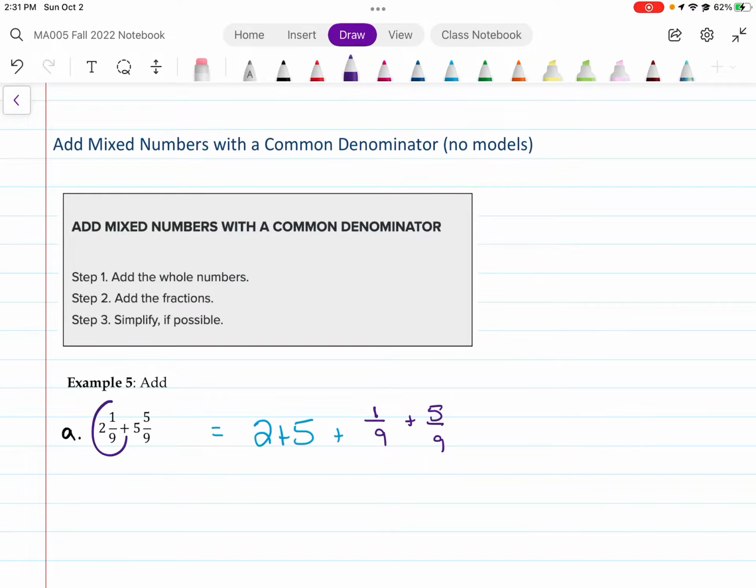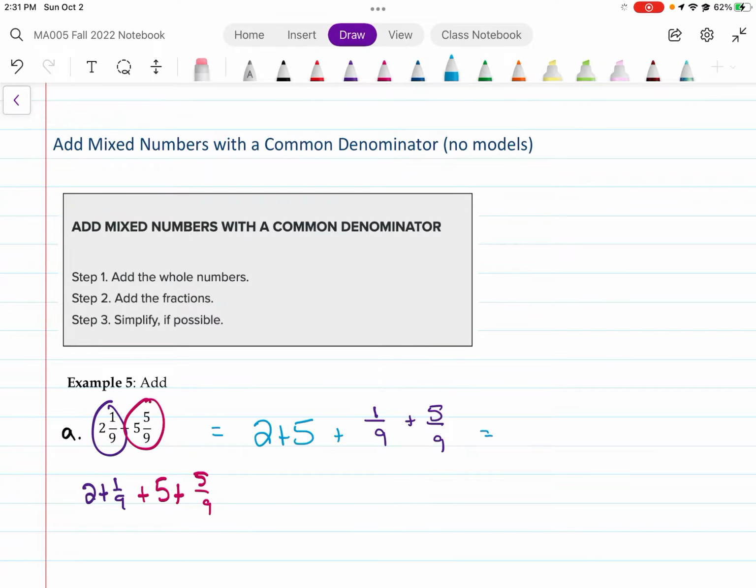So remember, 2 and 1/9 just really means 2 plus 1/9. Make sure you understand that that's what that means. And then this portion over here, of course, means 5 plus 5/9. So we're just adding all that together, and I'm just putting it in order.